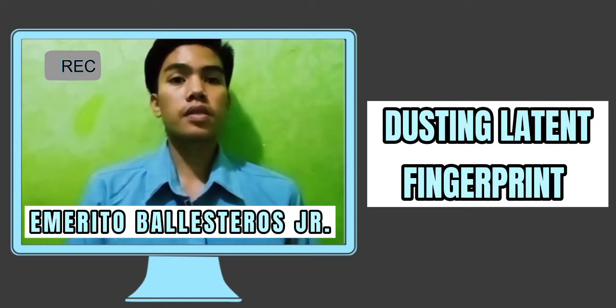Ang fingerprint dusting powders daw po ay magagamit sa iba't ibang kulay at mga komposisyon ng kemikal upang magbigay ng maximum na pagbuo at pagkakaiba. Kapag nag-aalis ng alikabok para sa fingerprint, gumamit ng isang pulbos na naiiba sa kulay sa ibabaw.